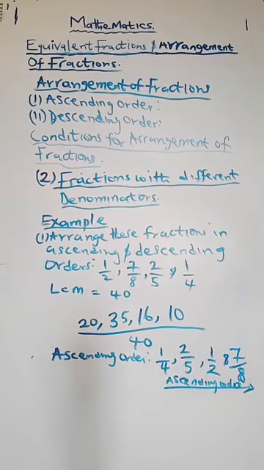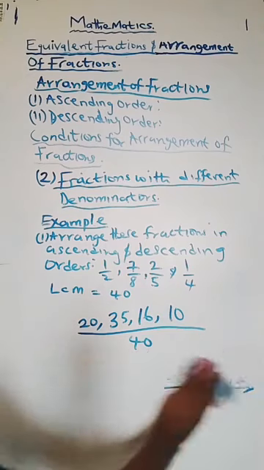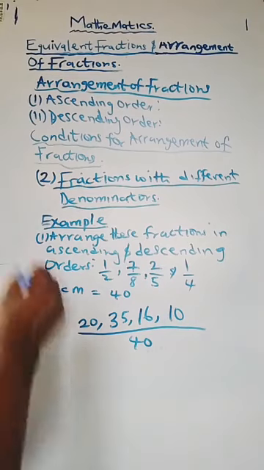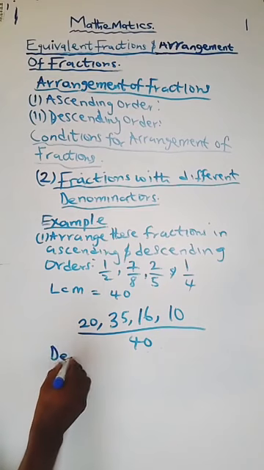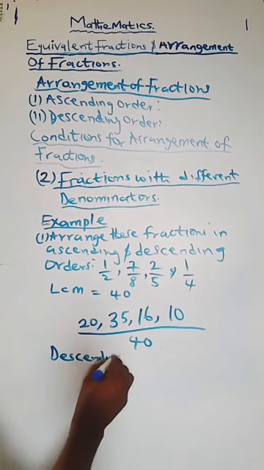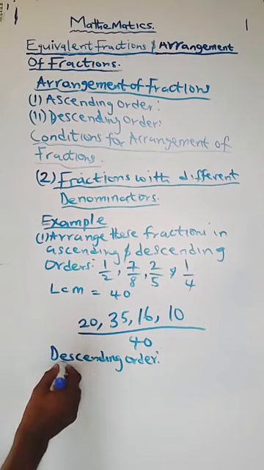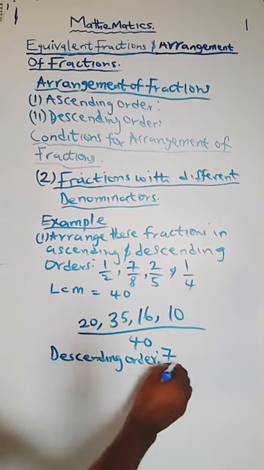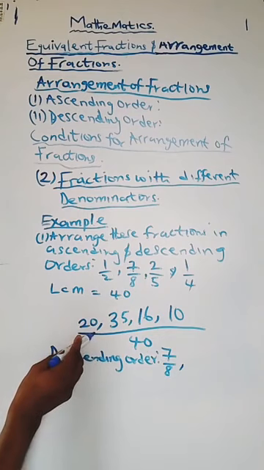Let's look at the descending order now. Descending order means from the largest to the smallest. So 35 is the largest. Which fraction has 35? 7/8. That will be followed by 20. Which fraction has 20?